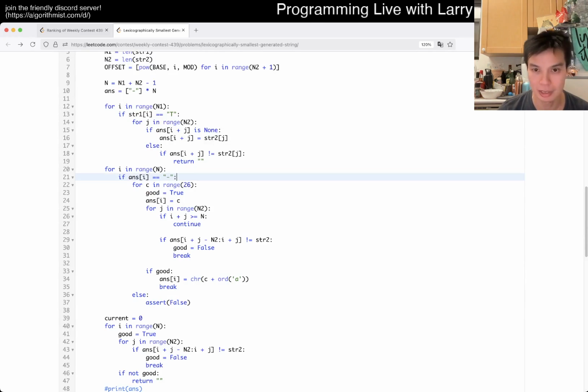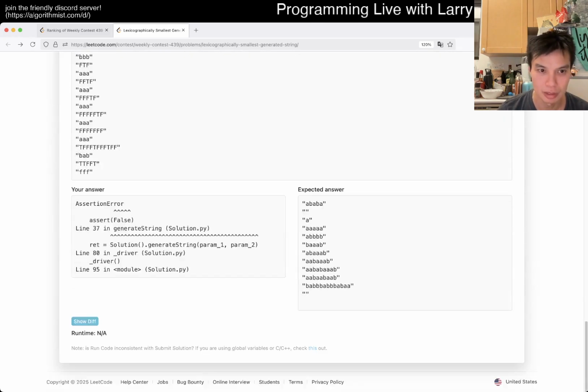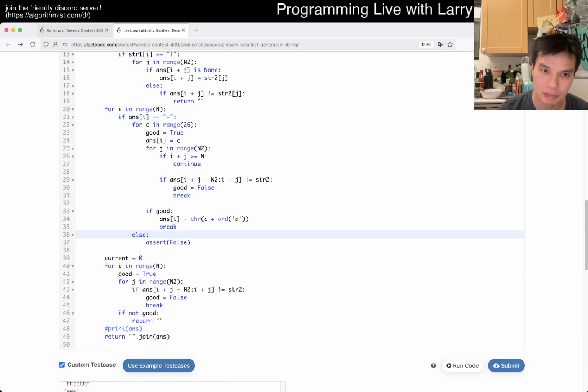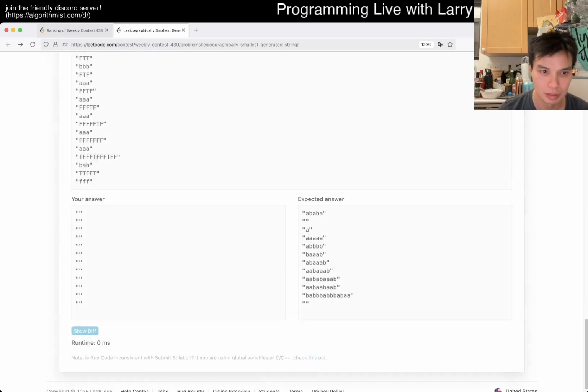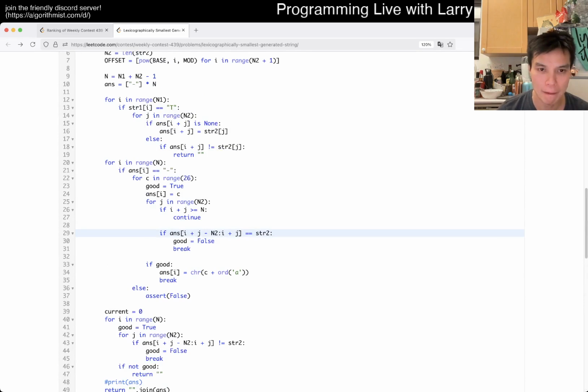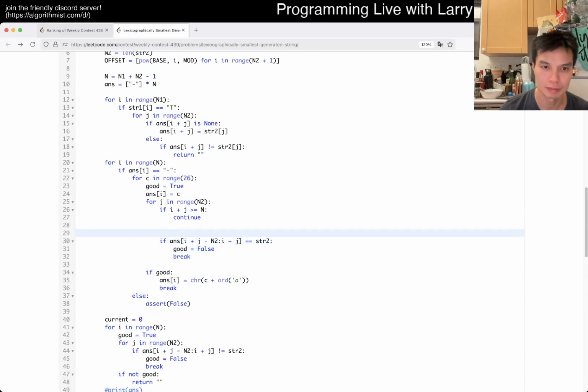Like using a hack like that. Assert for, so something is off here. Good should be equal to true, oh, whoops. Why is that?